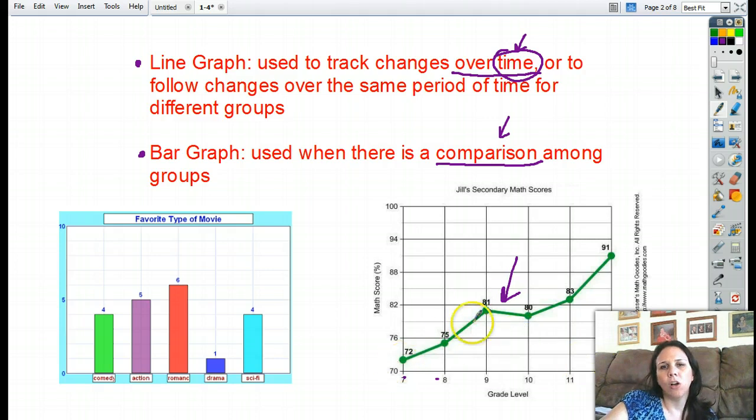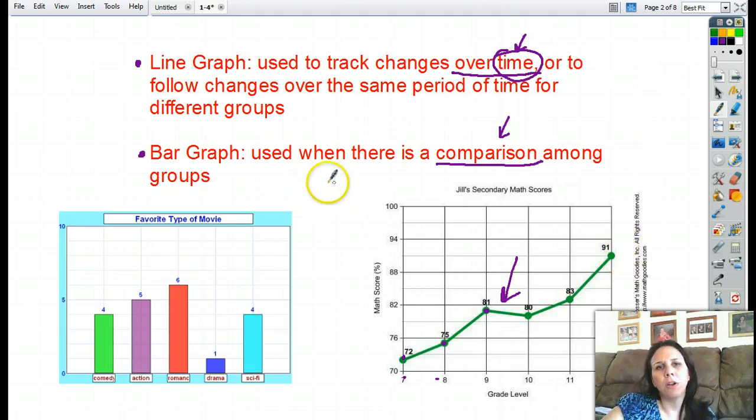This all connects because this is the score 7th grade, score 8th grade, score 9th grade. They're all connected. One depends on the previous. Whereas here, favorite type of movie, the number of sci-fi people has nothing to do with the number of drama people. So there's a comparison between distinct groups as opposed to following one throughout time.